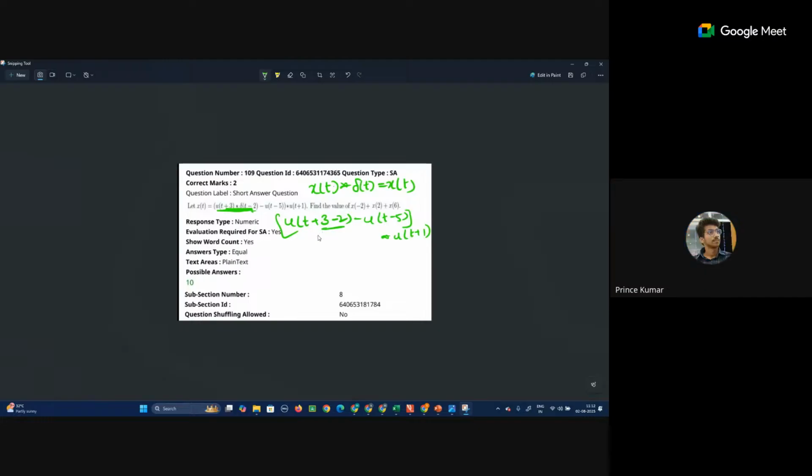And we will replace the delta of t minus 2 with 3 there in the u of t, right? This will give u of t minus 2 plus 3. Both are the same only, right?